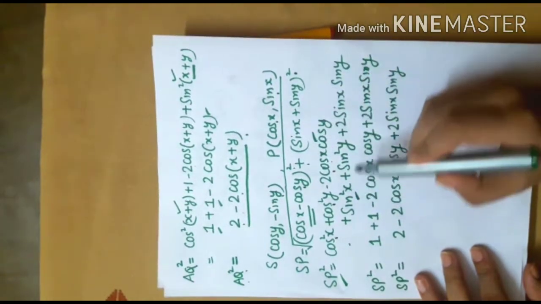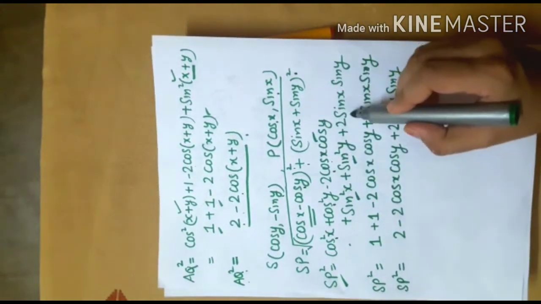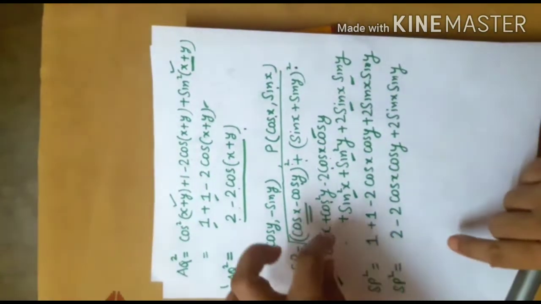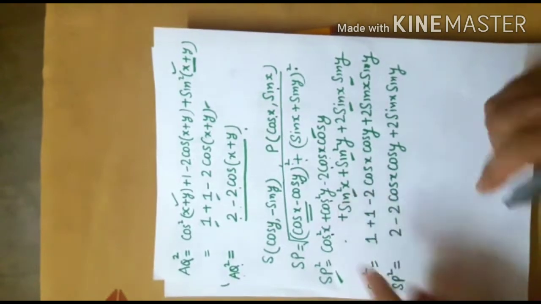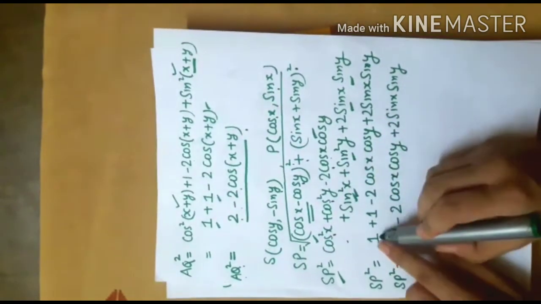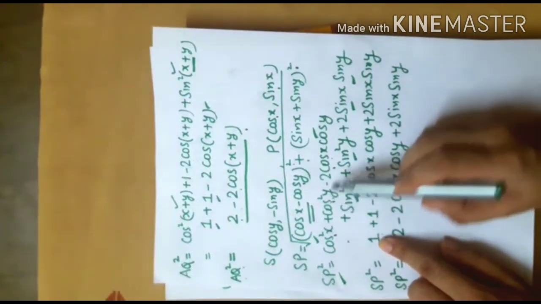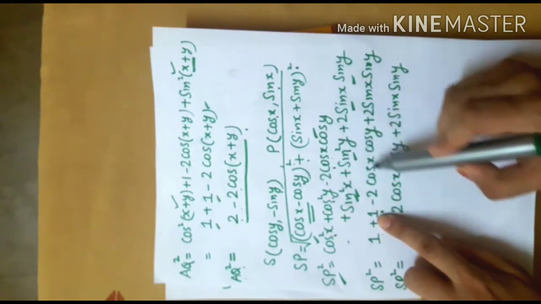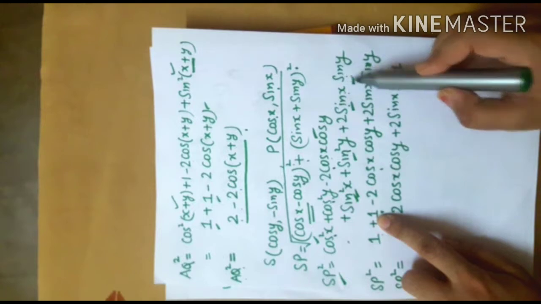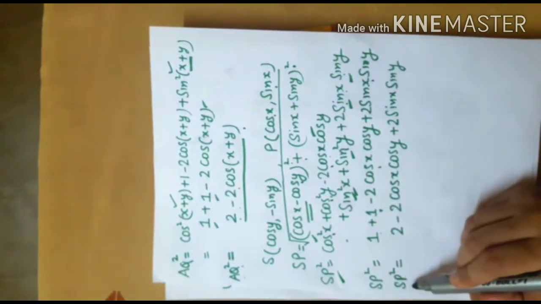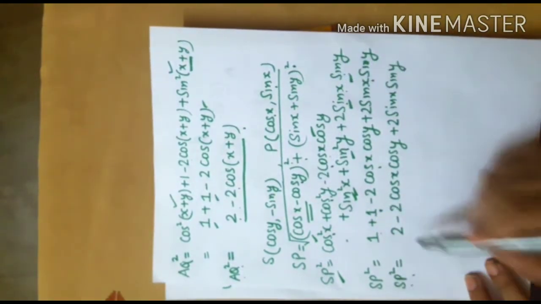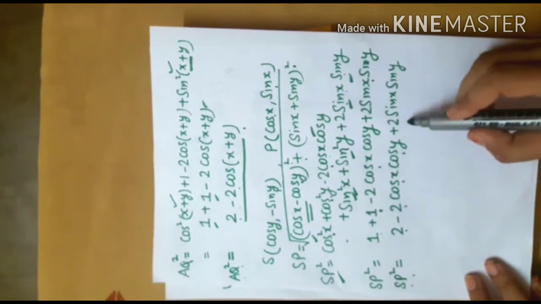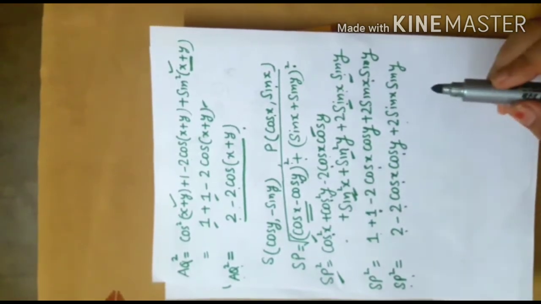Here also sin squared x plus sin squared y plus 2 sin x sin y. Now cos squared x plus sin squared x will give you 1. Cos squared y plus sin squared y will give you 1, minus 2 cos x cos y plus 2 sin x sin y. So I'll get SP squared is equal to 2 minus 2 cos x cos y plus 2 sin x sin y.